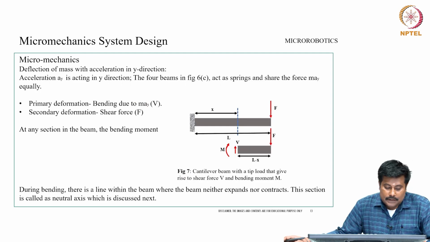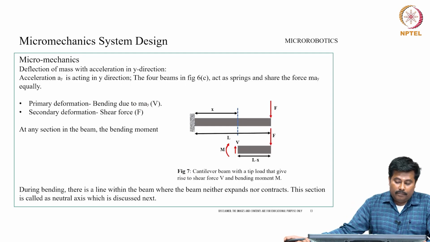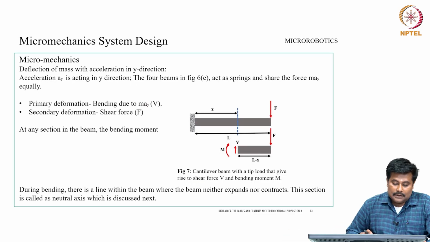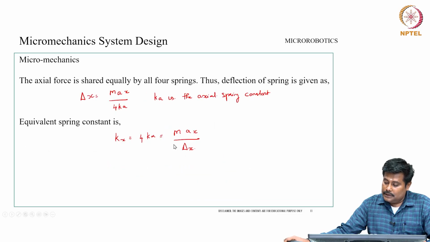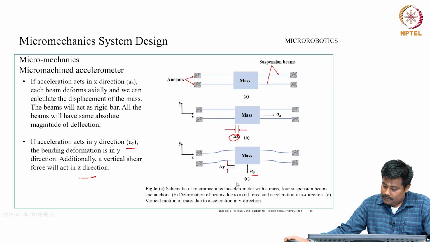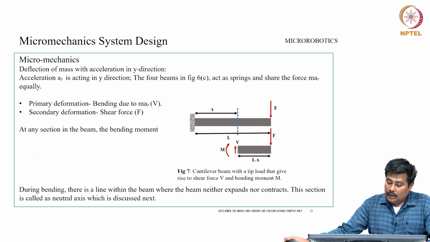Now, let us take the deflection of mass with acceleration in the y direction. In this case, acceleration ay is acting in the y direction. So, the 4 beams which we had mentioned over here, which is nothing but the 6C configuration, act as springs and share the force may equally.